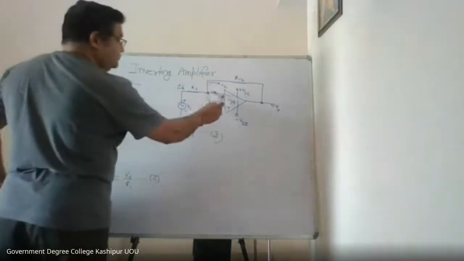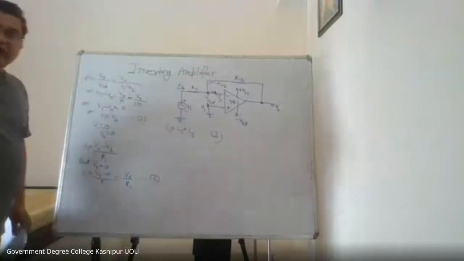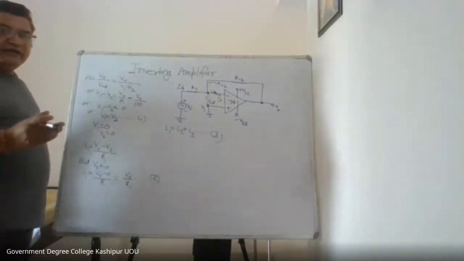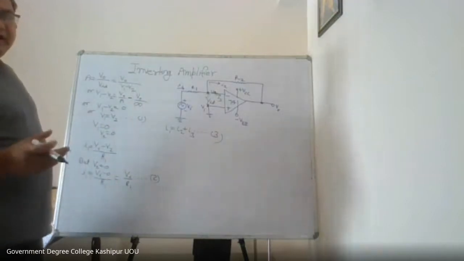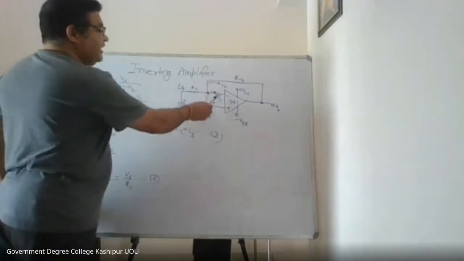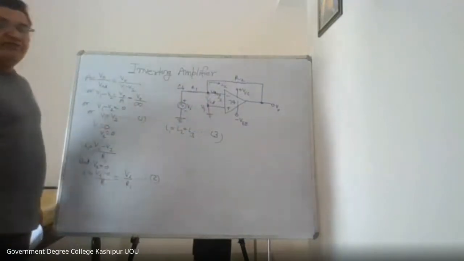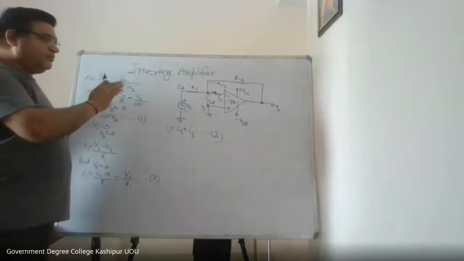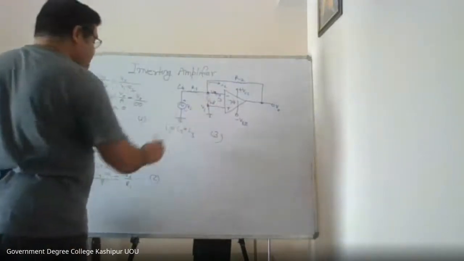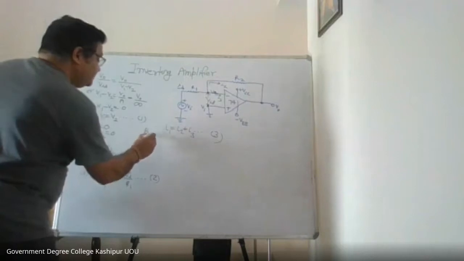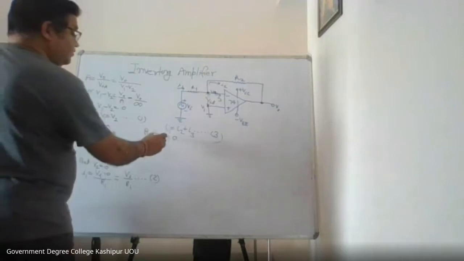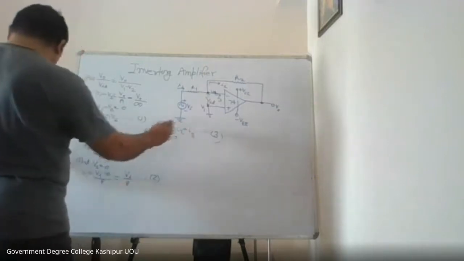But I3 is 0 because of the infinite impedance of the ideal operational amplifier. We know the property of the ideal operational amplifier: the input impedance is infinite. If the input impedance is infinite, the operational amplifier will not draw any current. That's why I3 will be 0. Now put the value of I3 in this equation.